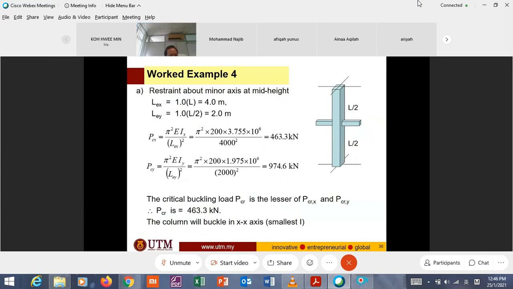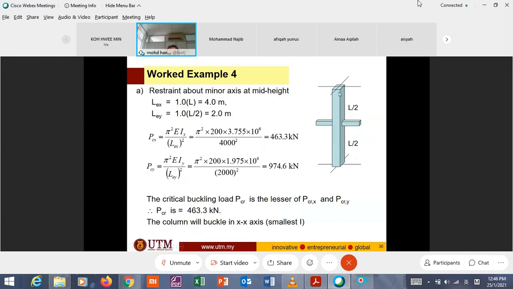In this condition, the column is restrained about the minor axis.